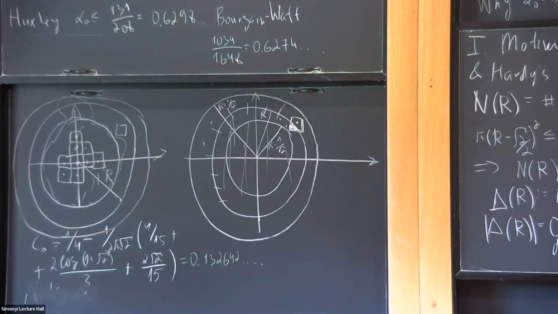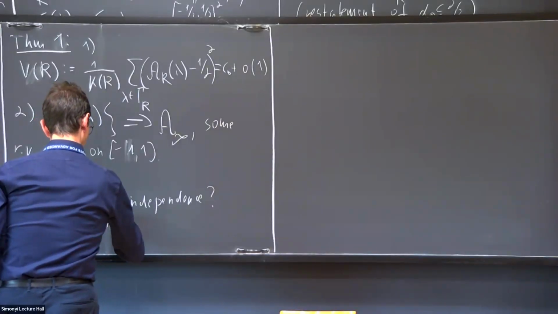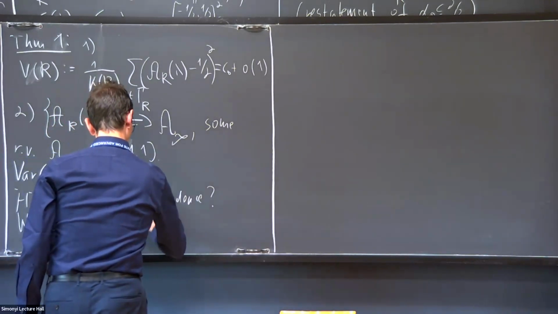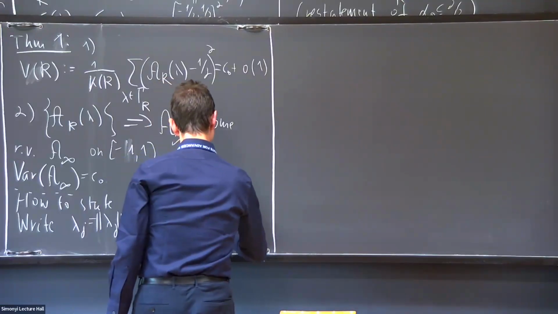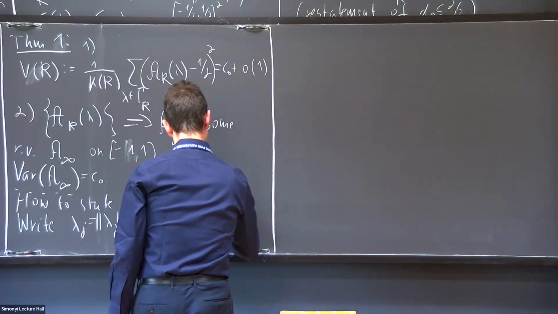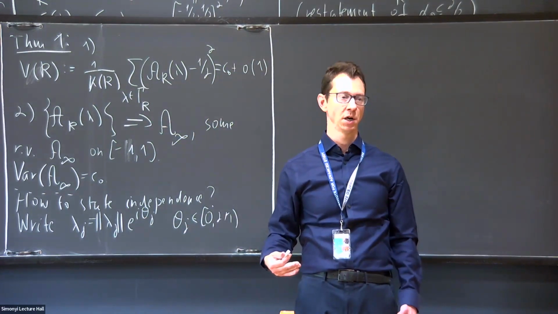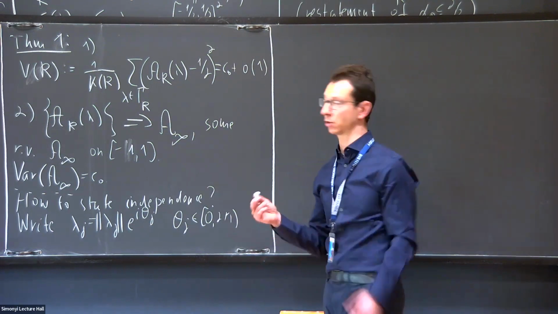So write lambda j is |lambda j| times e to the i theta j. This is just the polar coordinates. And order this according to index j, according to non-decreasing order of theta j, in a circular way.